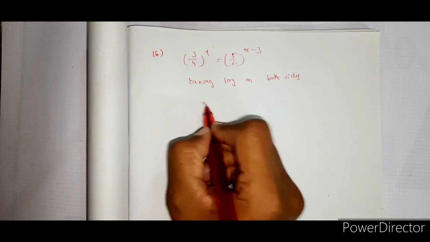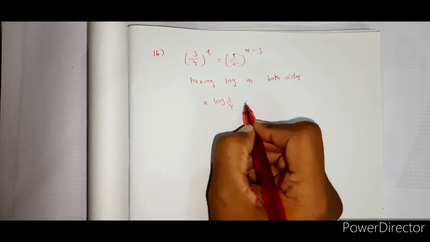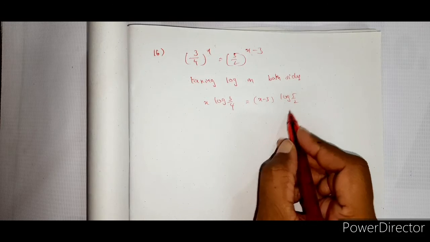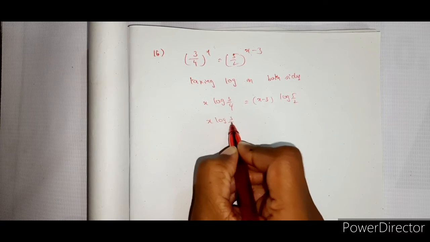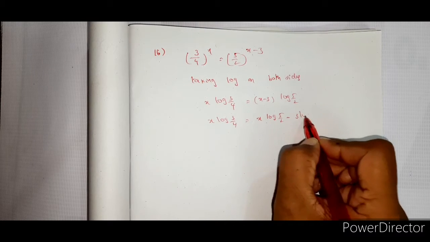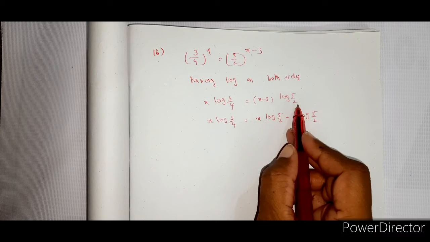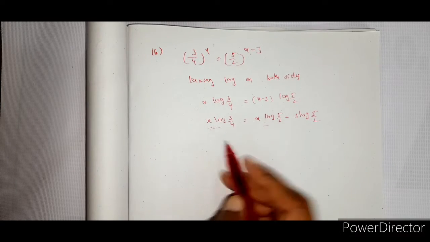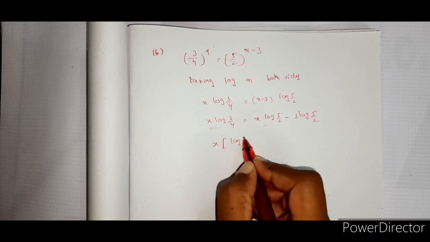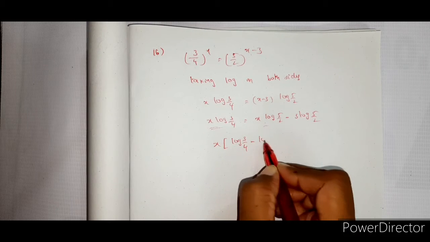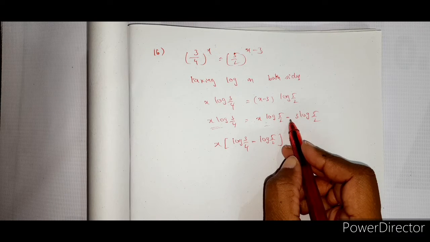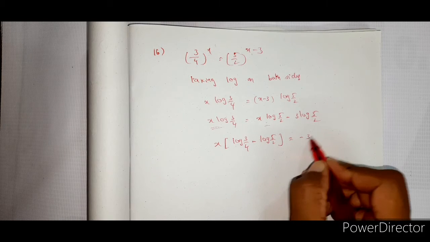So now x log (3 by 4) is equal to (x minus 3) log (5 by 2). Let us leave this as it is so that it will be easy for us to solve. Now, bring all the x terms to one side. Taking x common, x times (log 3 by 4 minus log 5 by 2) is equal to minus 3 log (5 by 2).